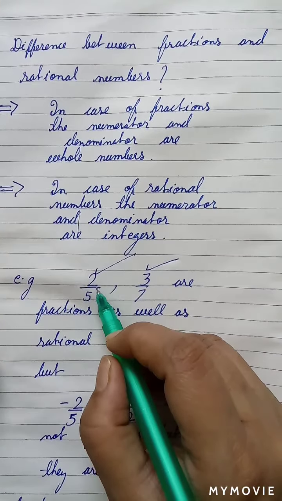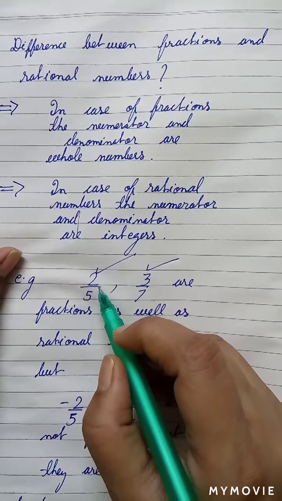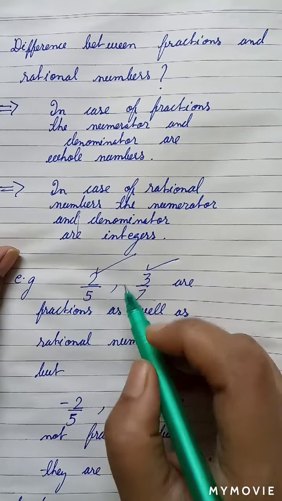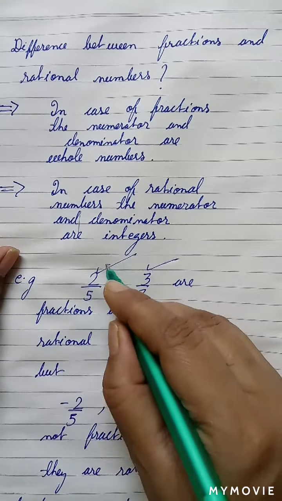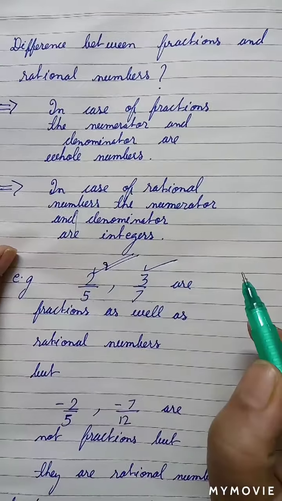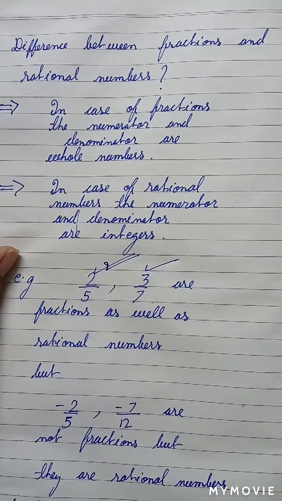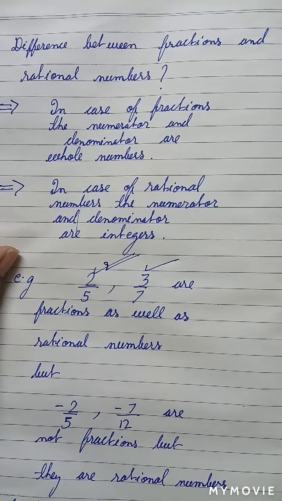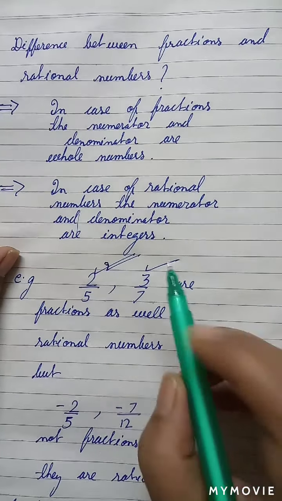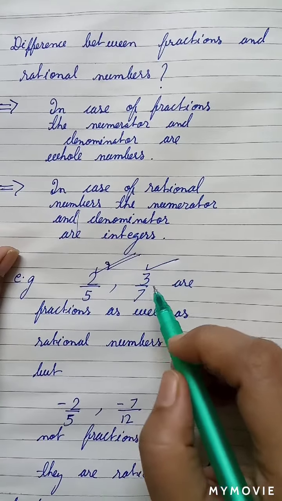In this case, 2 is a whole number, 5 is also a whole number, so 2 by 5 is a fraction, and it's a rational number as well because 2 is an integer and 5 is also an integer. Same holds true for 3 by 7.